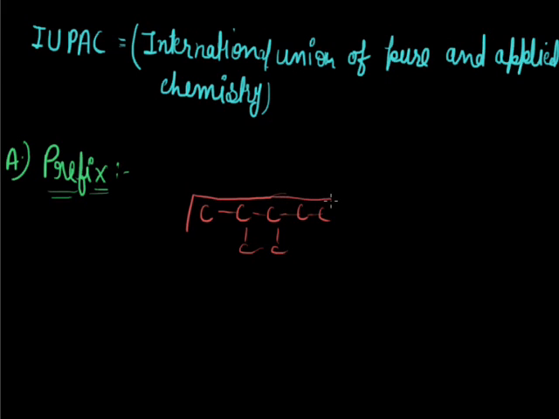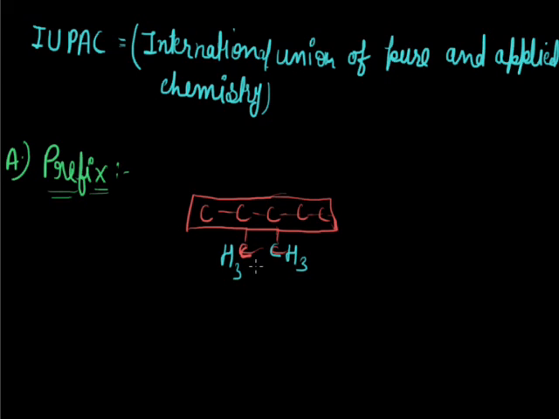In this organic compound, we can choose this carbon chain. When we choose that type of carbon chain, then substituents or groups of atoms are present outside of the chain. Here in this organic compound, we can see that two carbons, or we can say two methyl groups, are present outside of the carbon chain which we have selected.